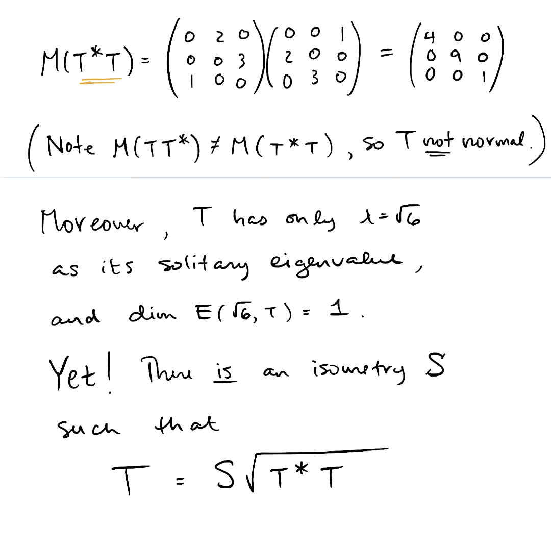So even though T is not nice, T is practically something that is nice. T is practically this. Apart from modification by an isometry, T is very nearly the positive square root of T star T, which is great.